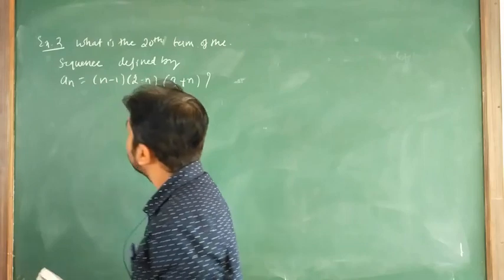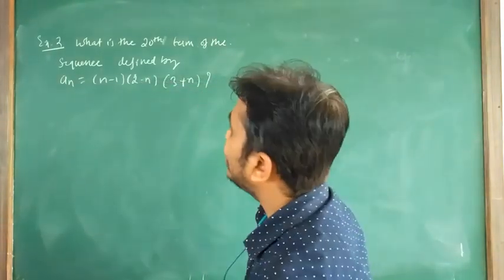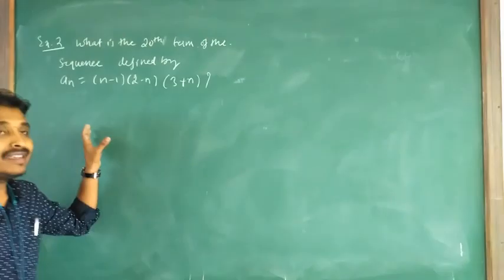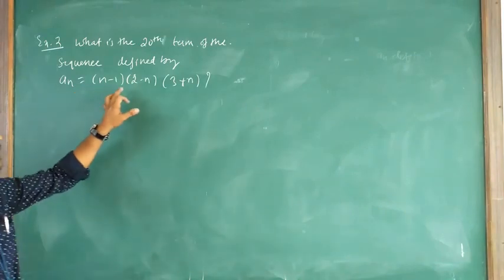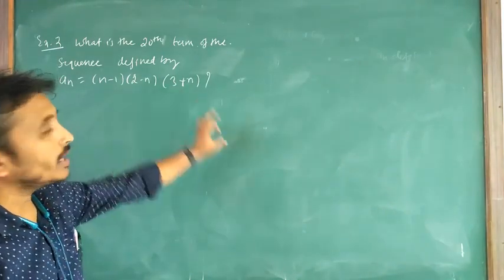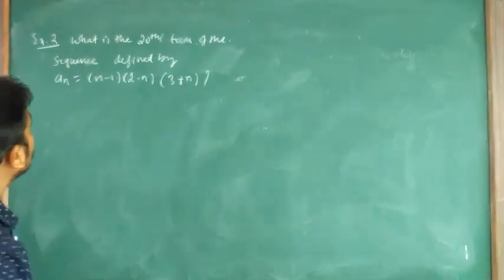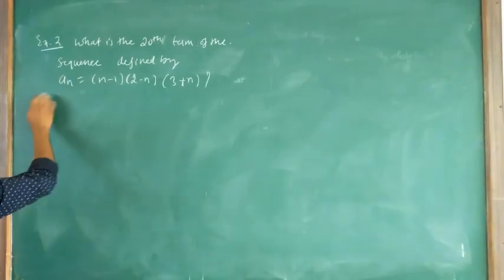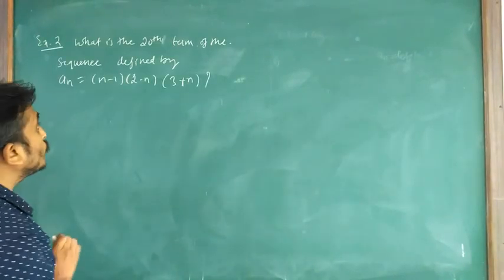They ask for the 20th term here. The given an equals (n minus 1)(2 minus n)(3 plus n). We just have to substitute 20 wherever n is there.